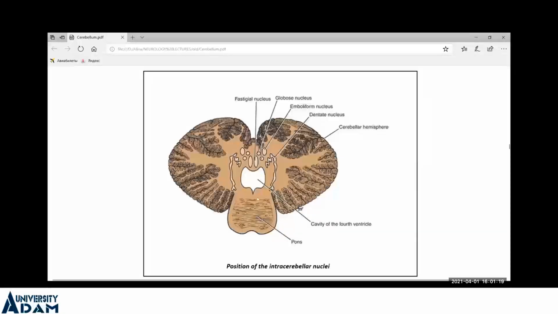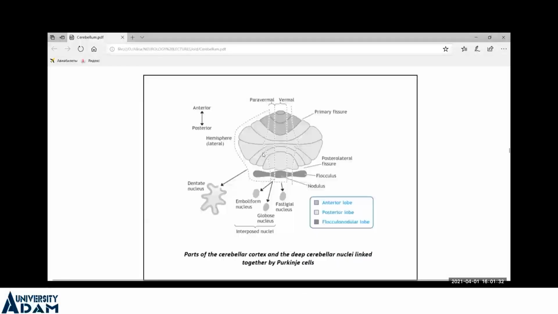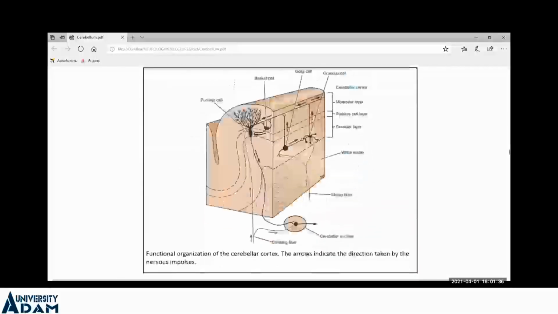Here's the pons and the cerebellar hemispheres, okay? This is the cross section of the cerebellum, okay? So you can see here, again, the Purkinje cells, okay?